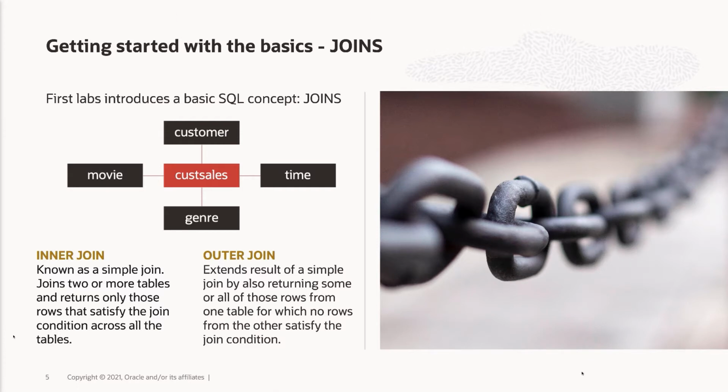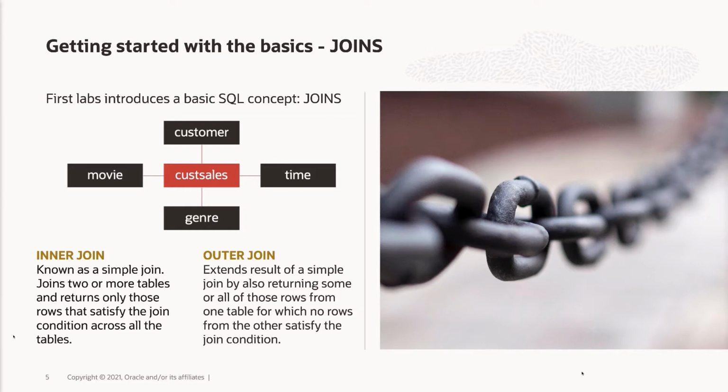However, there are times when I actually do need to see instances where, in the main, what we call the dimension, for this, let's take an example of the time aspect, where maybe I don't have a sale on a particular day. And that would be useful to know.